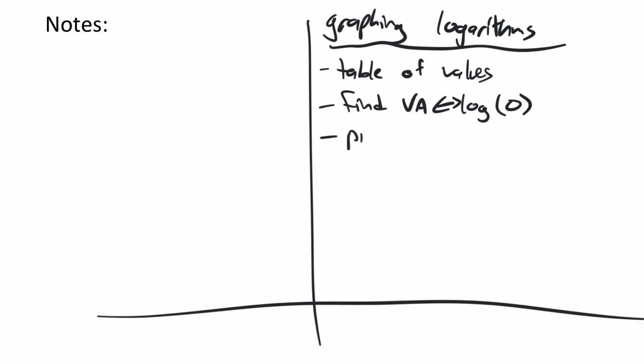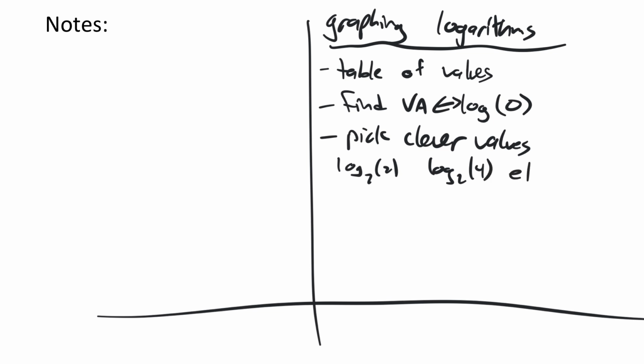Then you have to pick clever values, so you get things like log base 2 of 2, log base 2 of 4, etc. Things that give you whole numbers, things that evaluate, because you don't have a calculator. So you want your logarithms to work out nicely. And then from there you connect the dots.